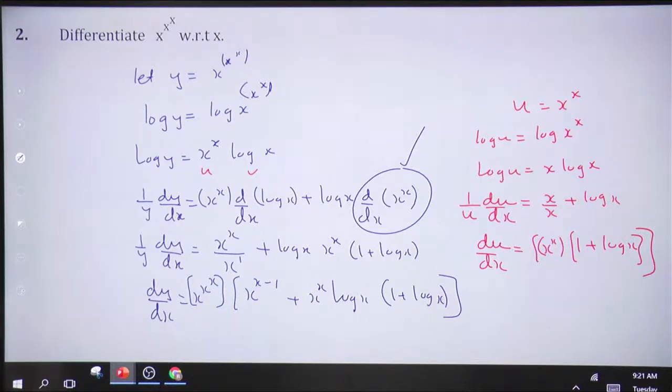Next 4 mark question is coming up. Take it down properly. This question I want you to take it down because it's worth noting it down.